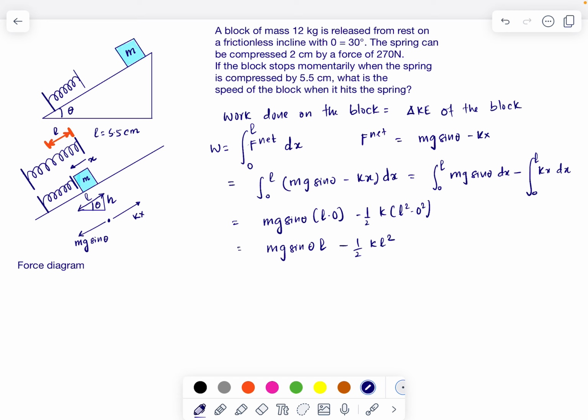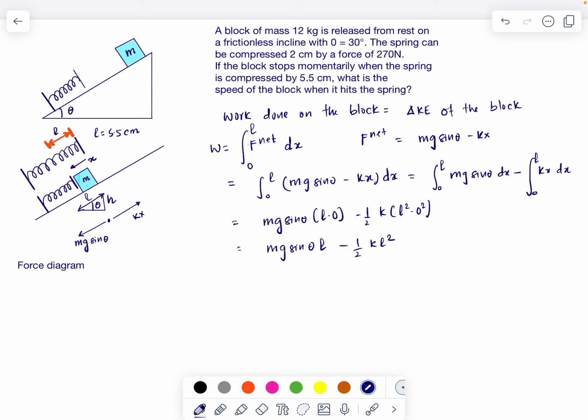So now we want to find out the next portion, that is, what is the change in the kinetic energy of the block. Right. So when the block hits the spring right here, its velocity is v.